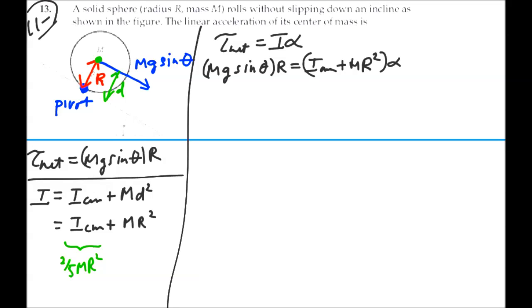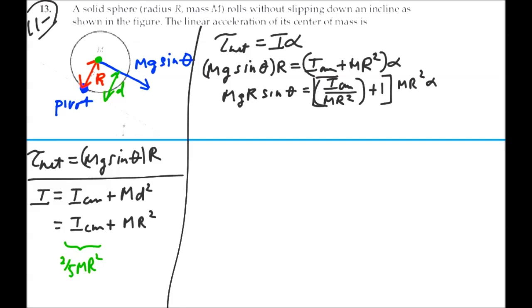Let's factor out an mr squared on the right term, and we have that mg r sine theta is equal to the moment of inertia about the center of mass divided by mr squared, plus 1, all that times mr squared times alpha.